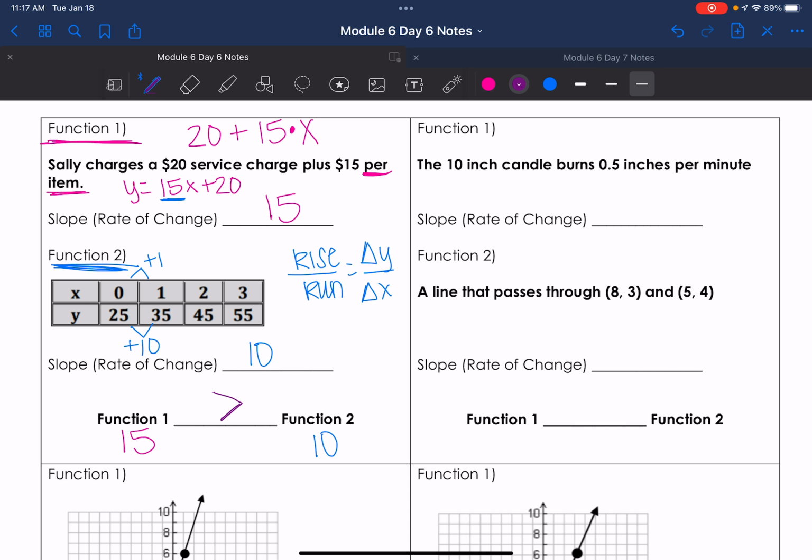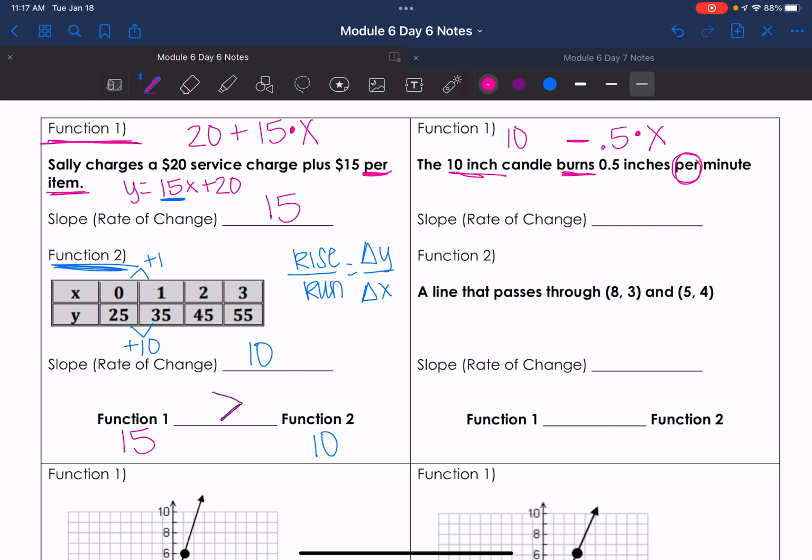Okay, right here we've got the 10-inch candle that burns. And if you burn a candle, that means that it's subtracting, right? So we've got 10, starting off at a 10-inch candle, burning, so subtracting 0.5 inches. And then you have this per, that means to multiply minute. We don't know the number of minutes, so we're going to call it x.